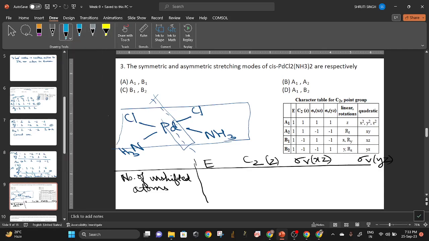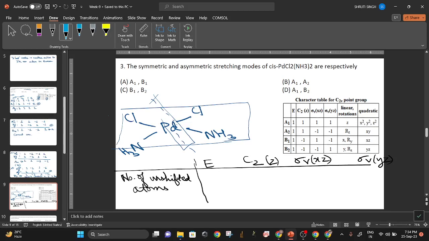We had to find the number of unshifted atoms, then multiply it with the characters of each symmetry operation, then we get a reducible representation. Then we need to find the constituent irreducible representations forming that reducible representation. For that we use the great orthogonality theorem formula, and we get the total irreducible representation.